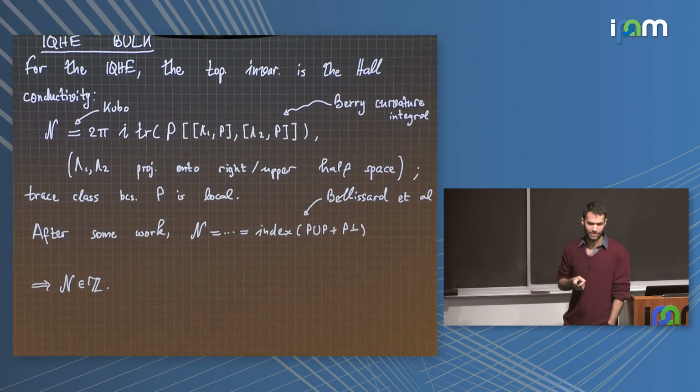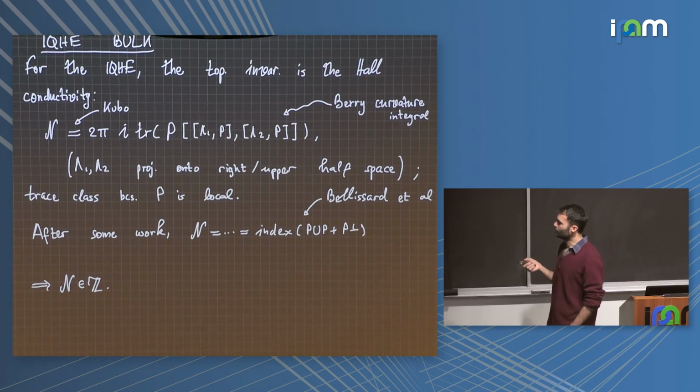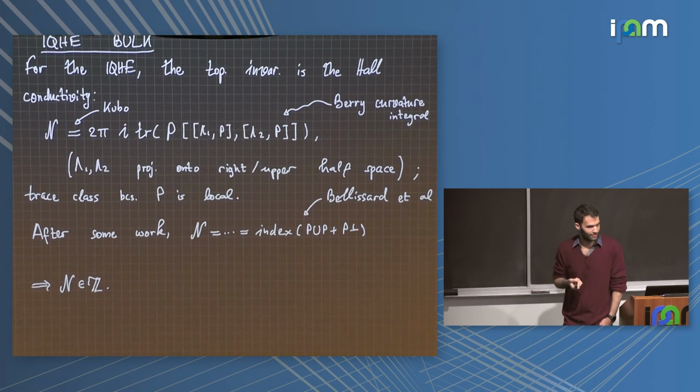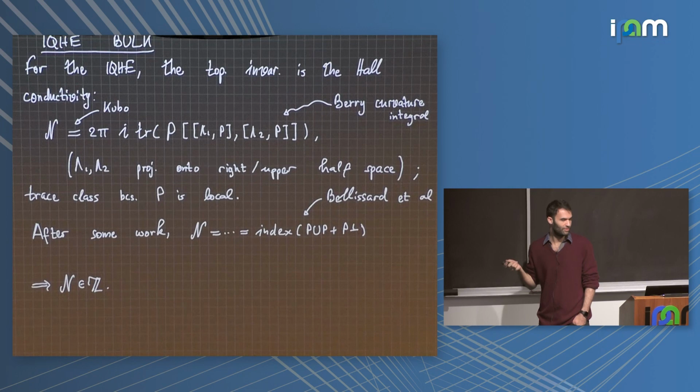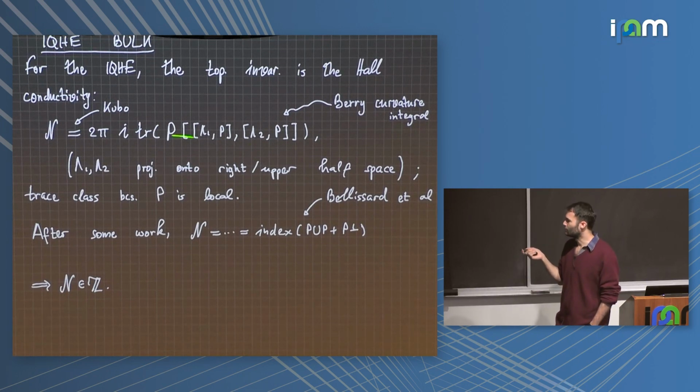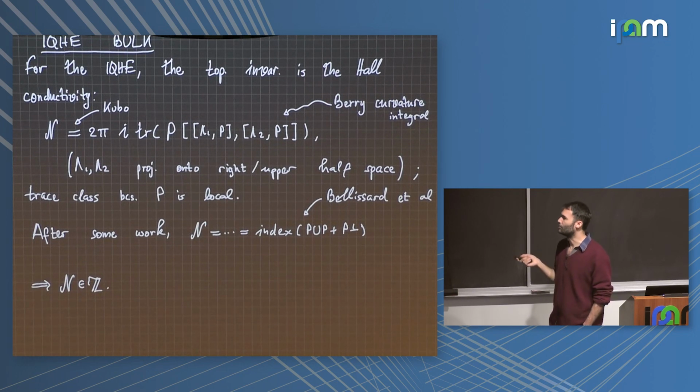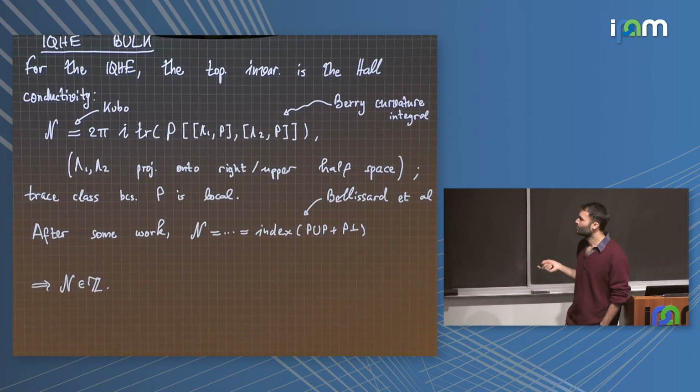have time reversal invariance? Then you know that the invariant should be the Hall conductivity, which is given by the Kubo formula. So Kubo formula, people usually use the Berry curvature integral in momentum space. However, I do not want to assume translation invariance, so I use this formula right here, which is equivalent when you do have translation invariance. So it's a double commutator. Lambda 1 and lambda 2 are projections either to the right-hand side of space or to the upper half space.